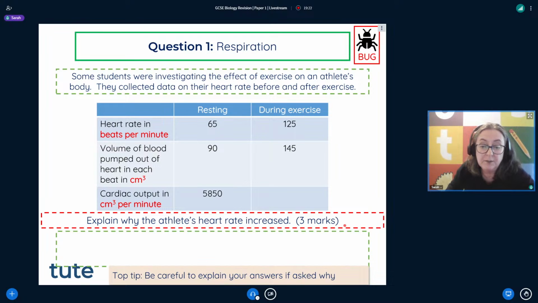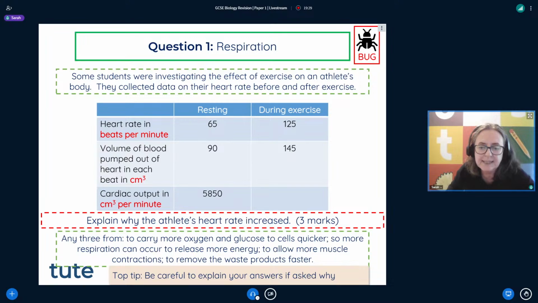Obviously, when you are doing exercise, your heart rate does need to increase. Why is that? Basically, these are suggested answers that could secure those 3 marks, and it doesn't have to be all of this. Any 3 from: to carry more oxygen and glucose to the cells quicker, or so more respiration can occur to release more energy.